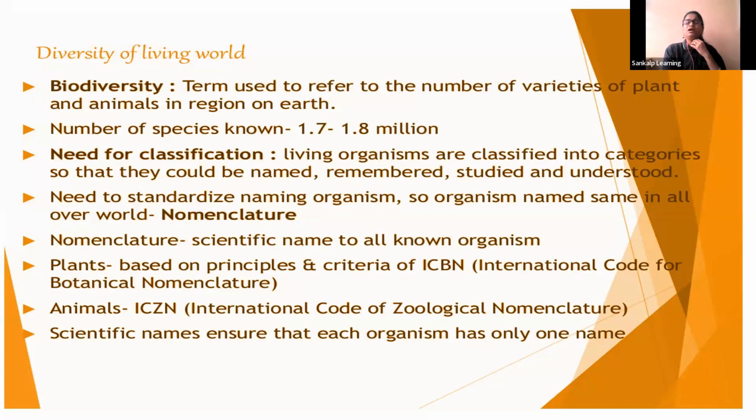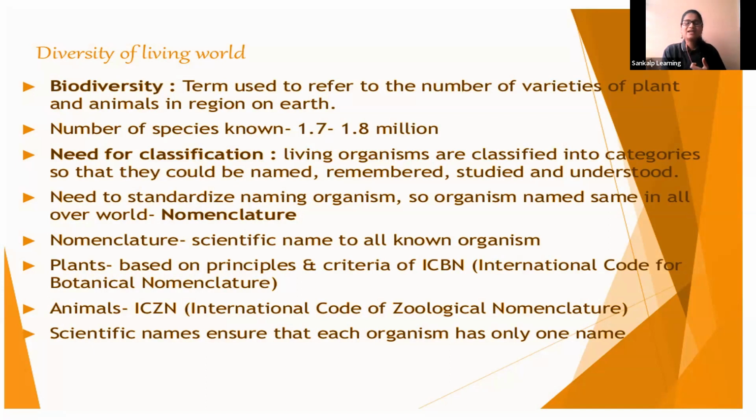So it will be very tough when scientists study a particular plant or organism. So to keep the same name all over the world, they gave the nomenclature, that is naming an organism scientifically. So that name will be universal, the same all over the world.